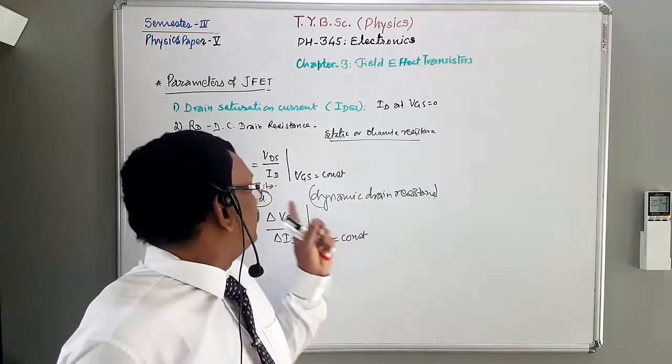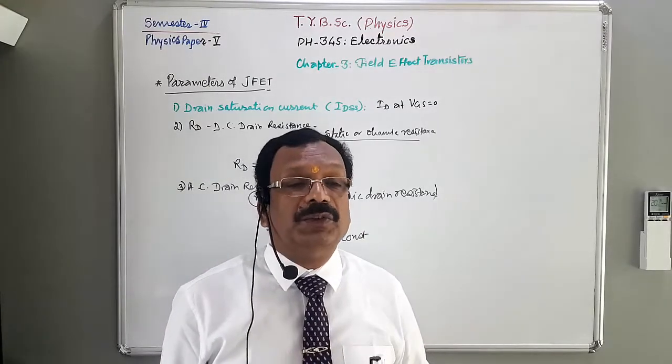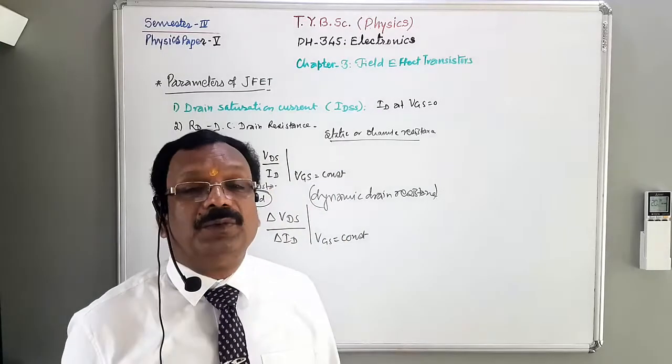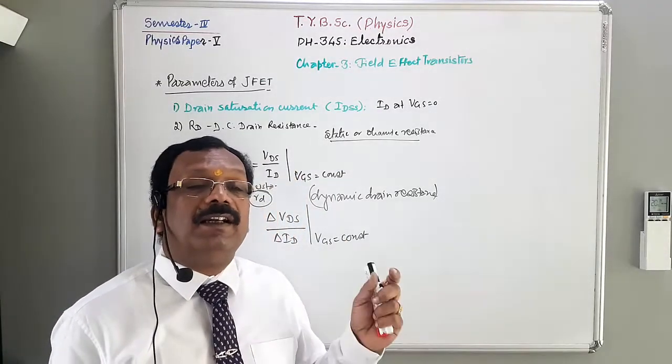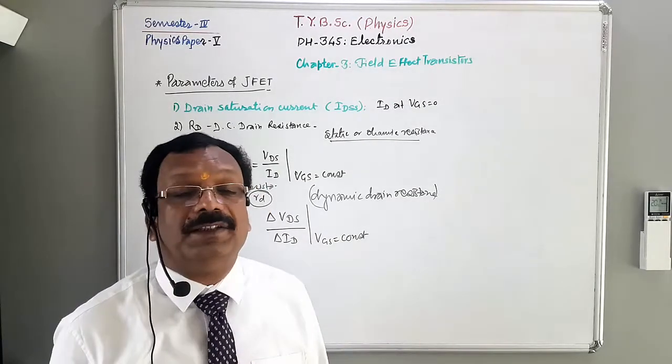AC drain resistance, that is small rd, is defined as the ratio of small change in drain to source voltage to the resulting small change in drain current, that is delta ID, for a constant gate to source voltage.